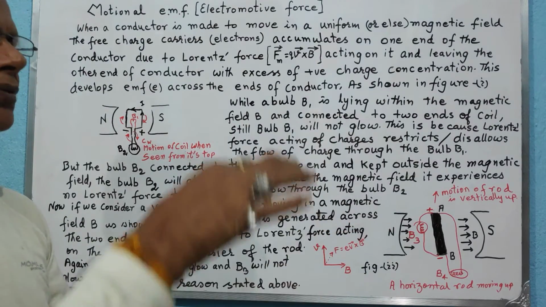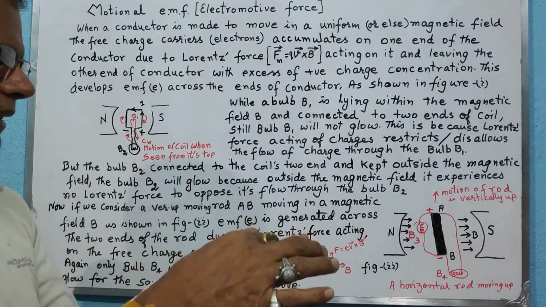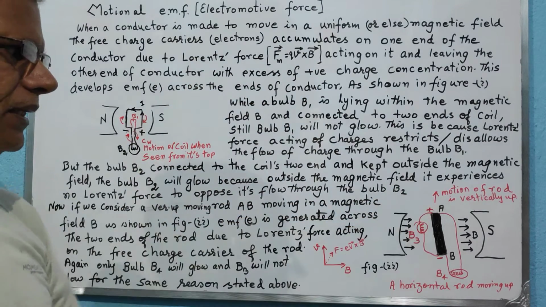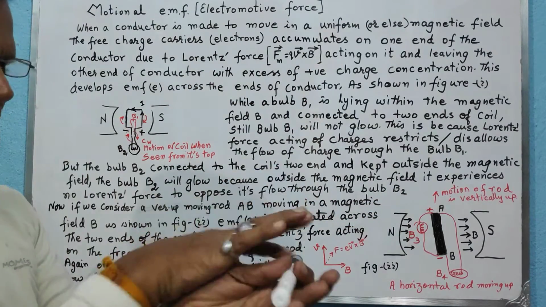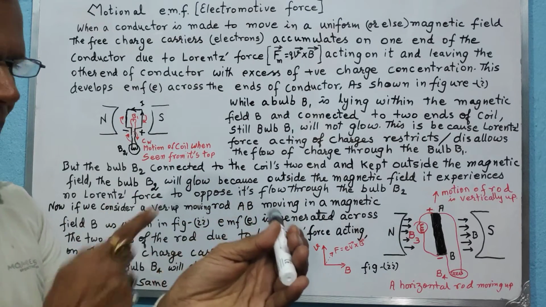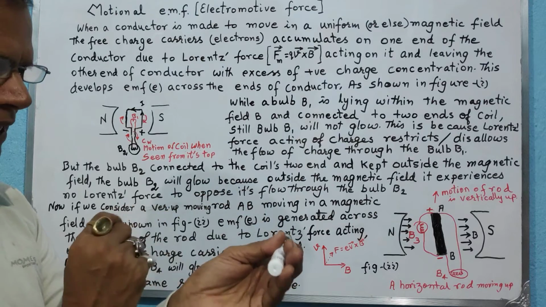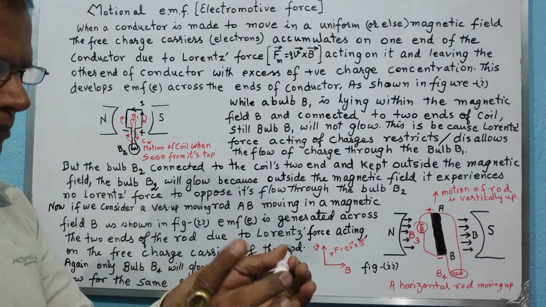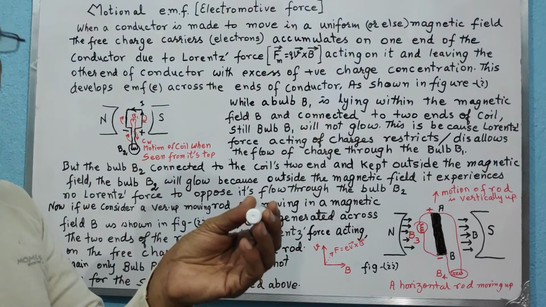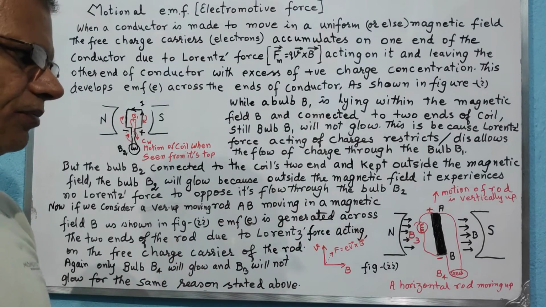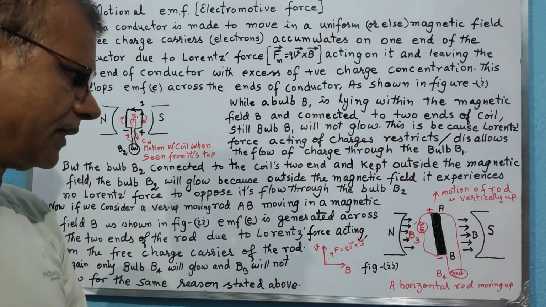The rod is moving in a vertically upward direction, and in that case the A end, that is the end which is farther from you, the tip of the pen, will accumulate positive charge, and end B, this end, will develop negative charge. That means some EMF will be generated.